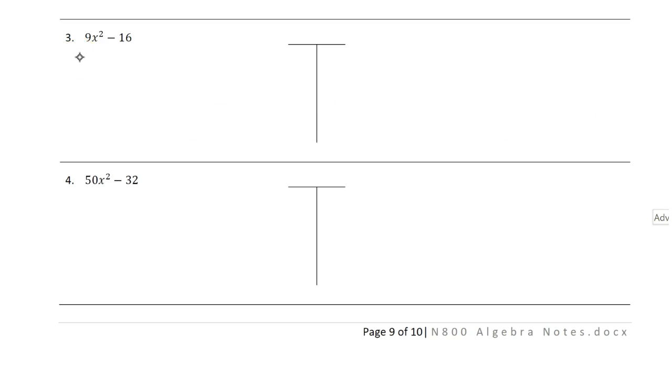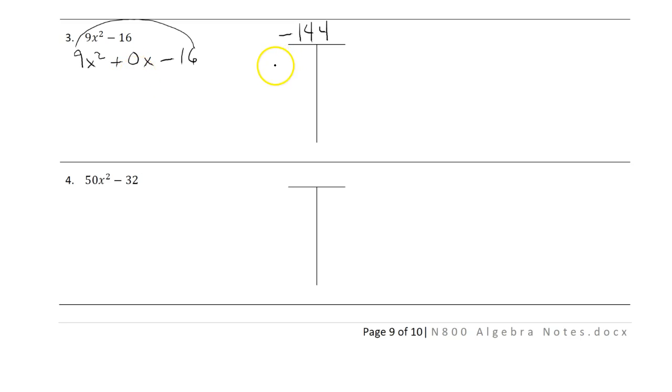Now that you've tried it yourself, check your work. I will show the long way and the shortcut. First, 9x squared plus 0x minus 16. I multiply the first term times the last term for negative 144. I need 2 factors that multiply to a negative but add to 0.